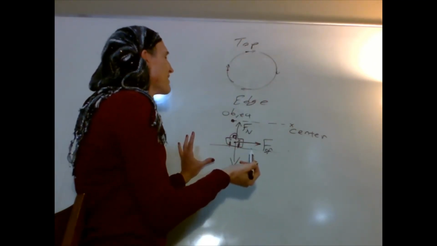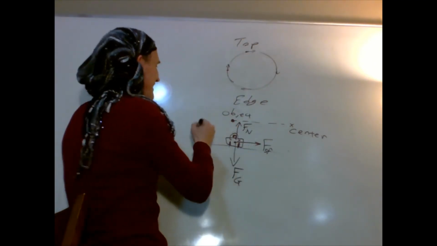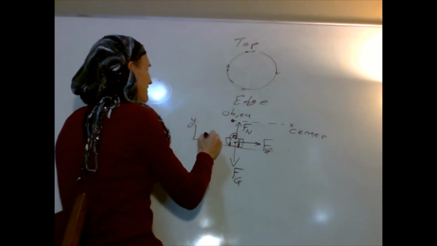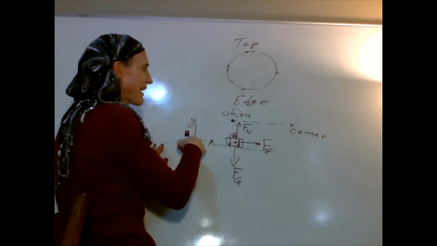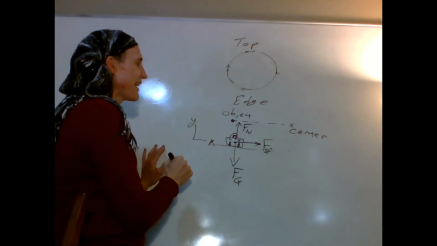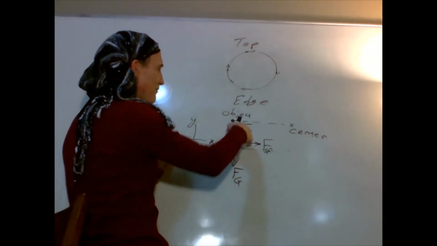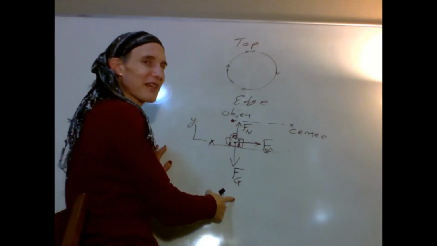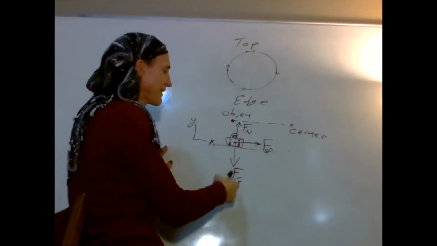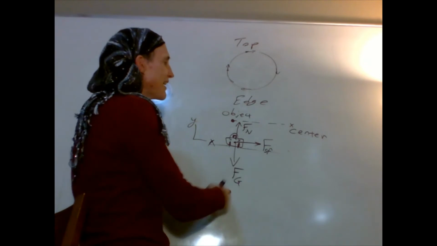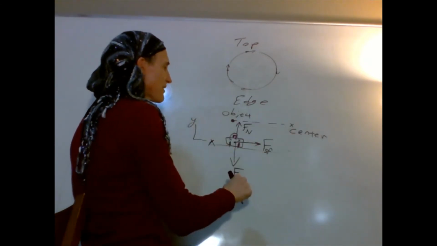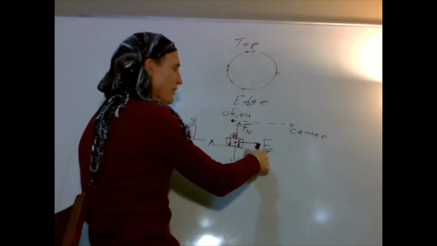Right? So here it's easy to just do a typical XY kind of coordinate system. And in Newton's second law, in the y direction, you just have normal force minus gravitational force. So Fn is going to equal mg. In the x direction, you only have the frictional force.